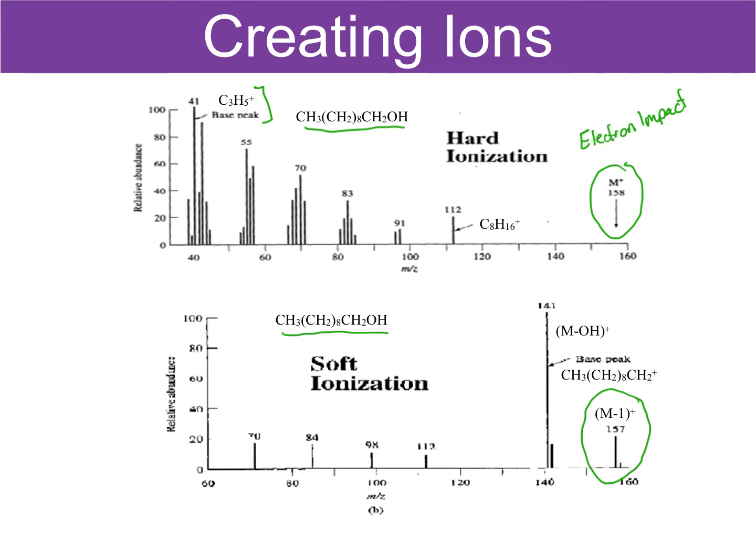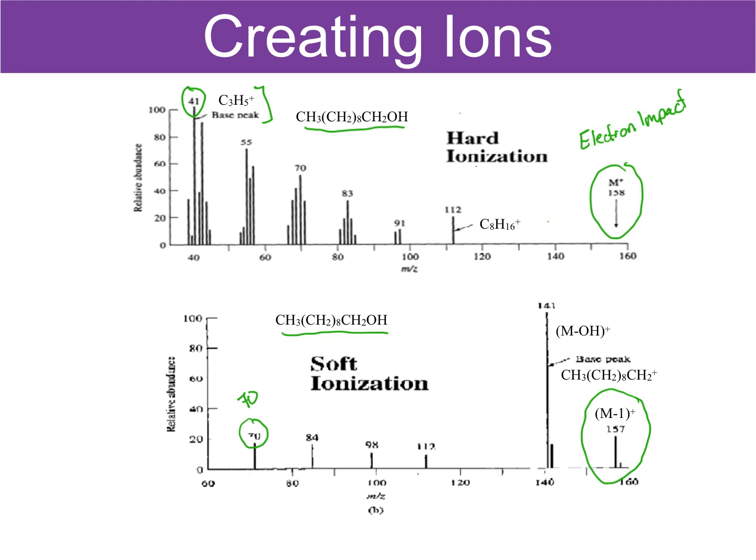And notice that the smallest fragment, the lightest fragment that we got in soft ionization is 70, whereas we got fragmentation all the way down to 41 in hard ionization. And notice in soft ionization, we're really getting very many fewer fragments going on. And that's the really big piece.